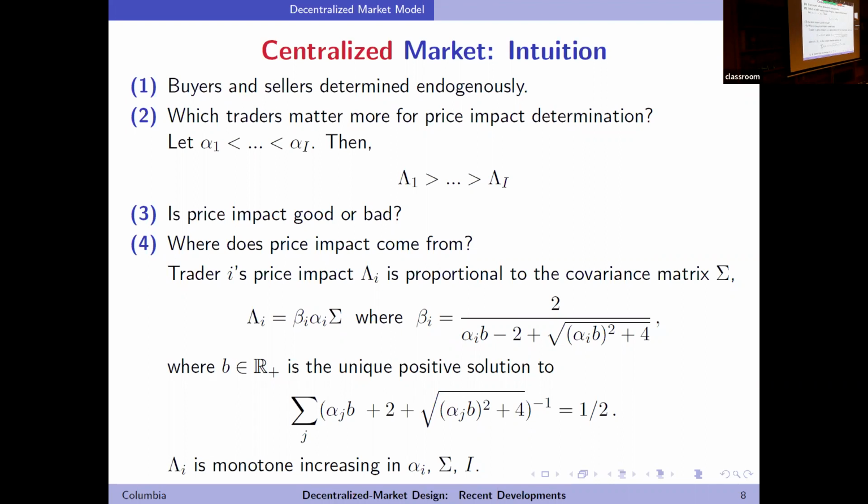So I know that we are working with net demand. What does it really mean? If I submit a net demand, and the market clearing price is such that my quantity allocated, my trade, is positive, then I'm a buyer.